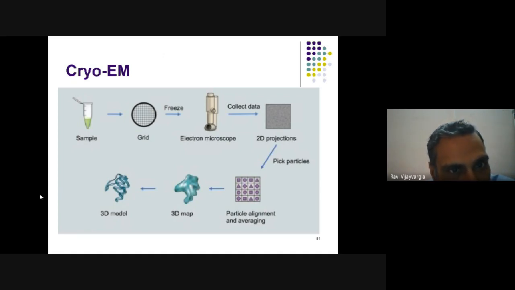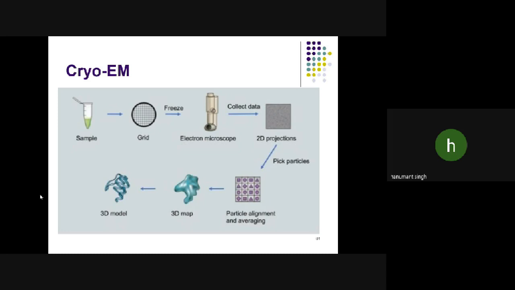As soon as you put your protein sample on it, it is instantly frozen, and then the grid is put back in liquid nitrogen. So it is frozen till it is analyzed by the electron microscope. There is no step in between where your protein sample will be thawed.